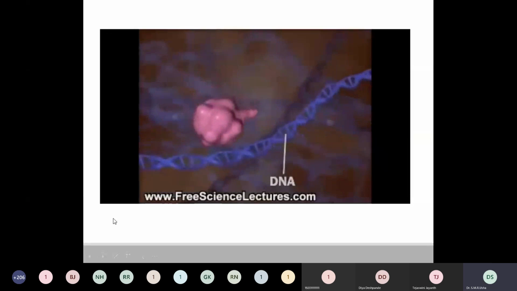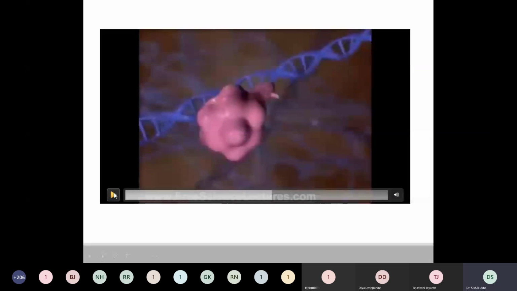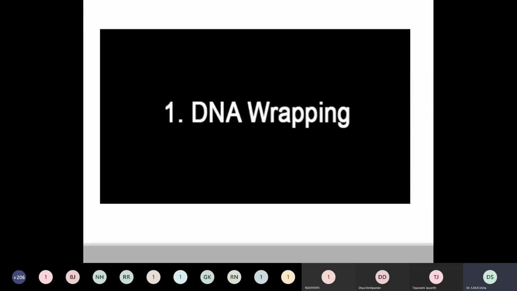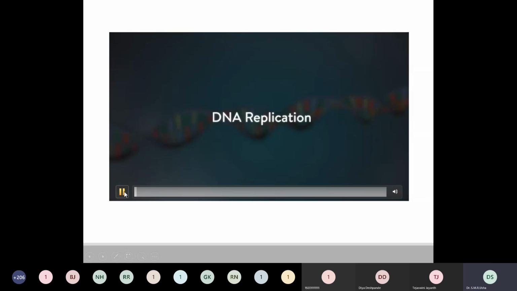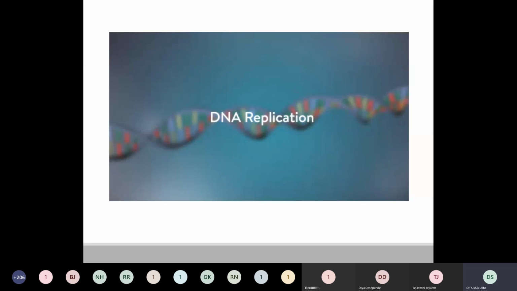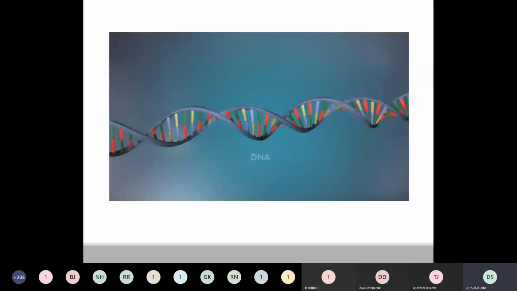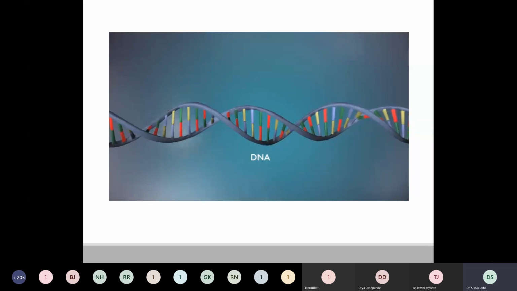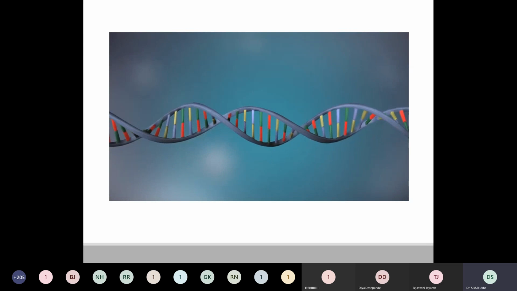When DNA replicates, its strands are separated. DNA is a molecule made up of two strands, twisted around each other in a double helix shape.